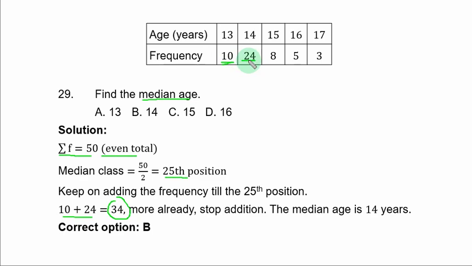So the median age is 14 years. B is the correct option. 25 cannot be accommodated here, but if you add 10 to 24, 25 can be seen in this place after adding 10 and 24. Hence the median age is 14. Option B.